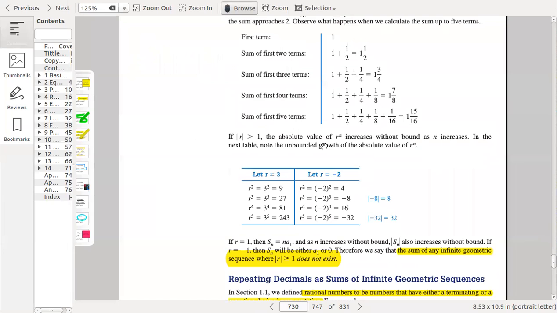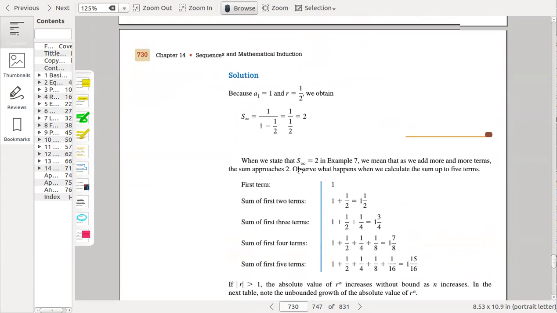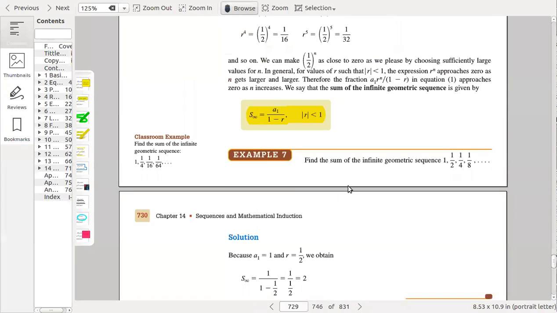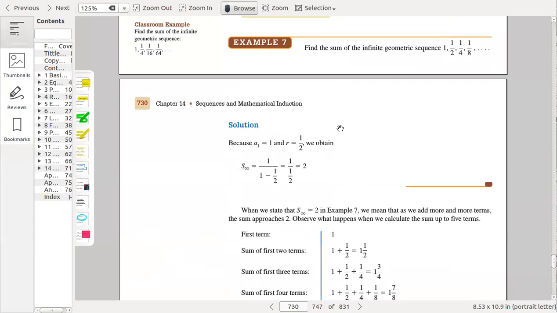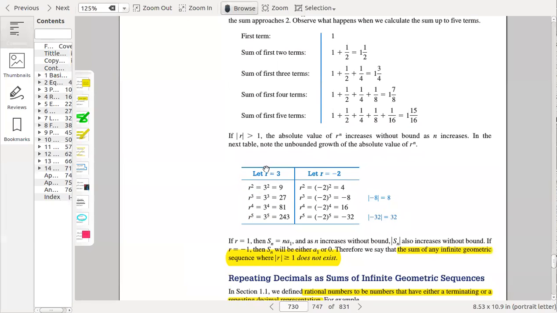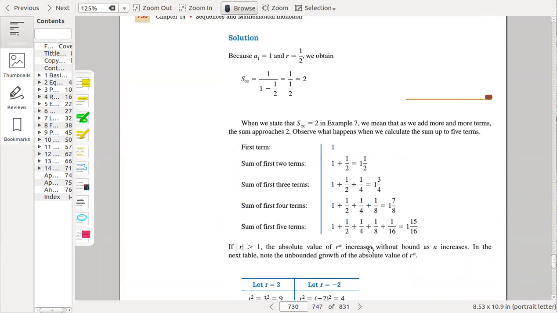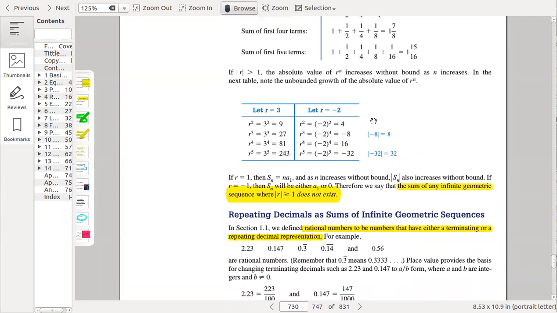If r is greater than 1, we observe that the sum is increasing, not decreasing. If r is less than 1, the next terms are decreasing, getting smaller. But if r is greater than 1 or less than minus 1, both have problems.